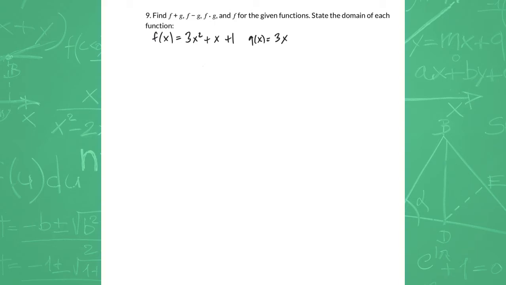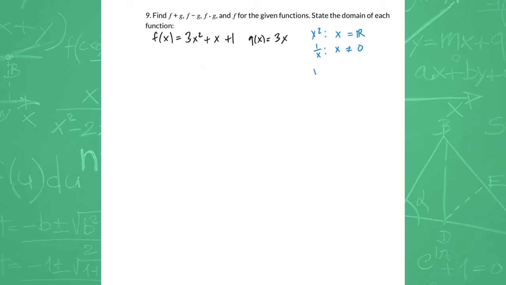So since the domain is the set of all possible x values, let's note that the domain of a polynomial like x squared is all real numbers, and that's for any polynomial, not just x squared, because x can be any real value. But the domain of the rational expression 1 over x is all real numbers except for 0, because if we set the denominator of a rational function equal to 0, it'll be undefined.